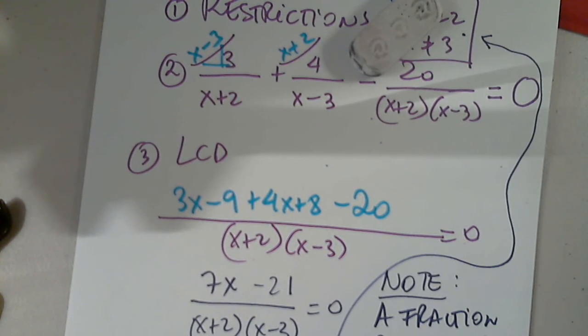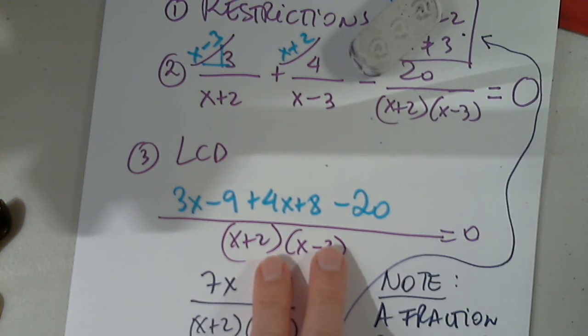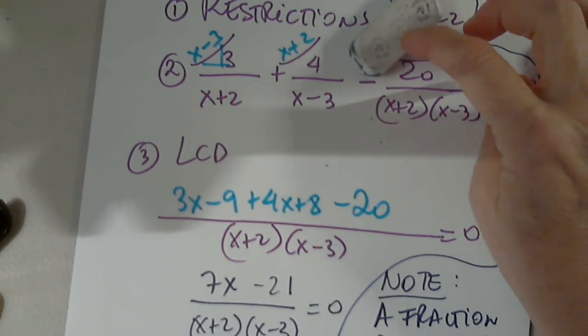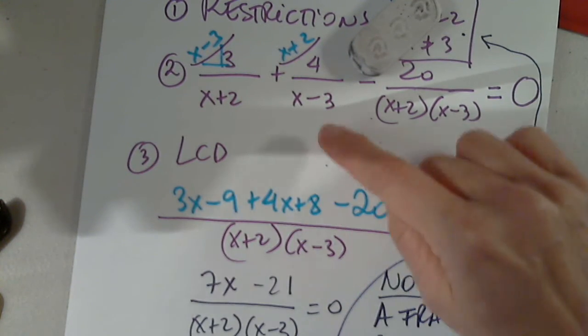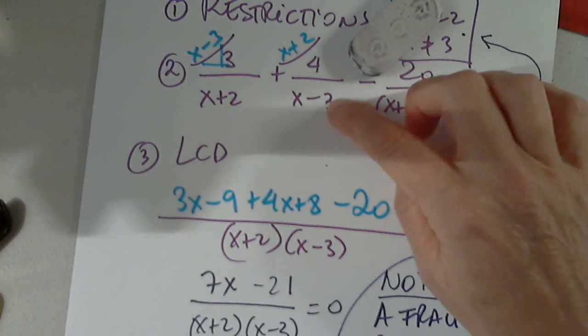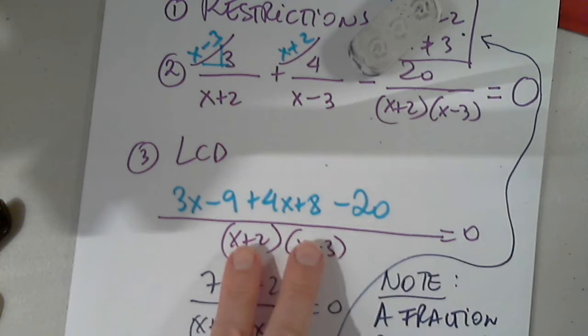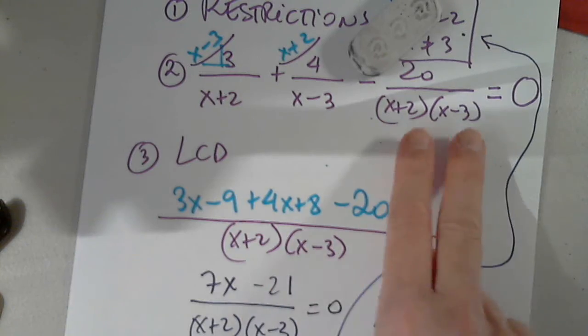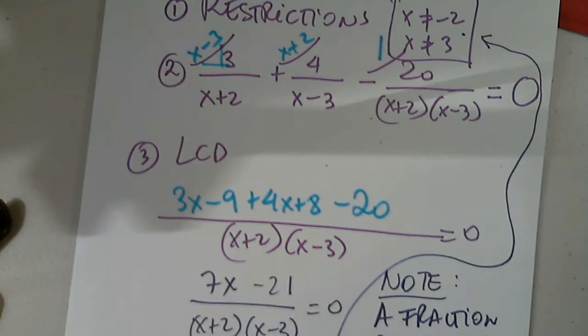It stays the same because it's the same denominator. I'm not allowed to multiply the numerator by anything because I did not change the denominator. If I change the denominator like here, I changed x minus 3 into this product, I have no choice. I have to multiply the top by the same quantity. But since here I don't change the denominator, I cannot change the numerator.